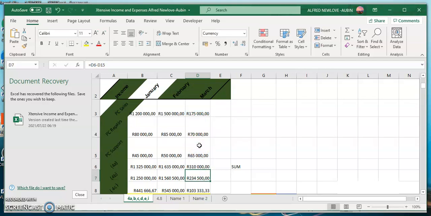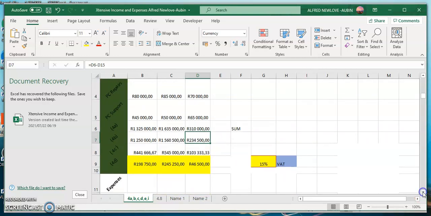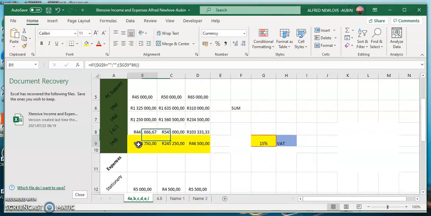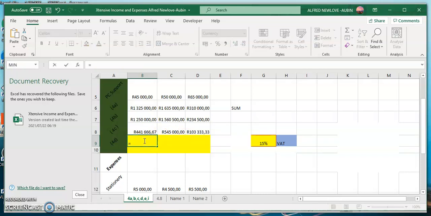Okay. Now let me show you absolute referencing. We are going to use this. Let me delete this. With absolute referencing, you always start with the equal sign.